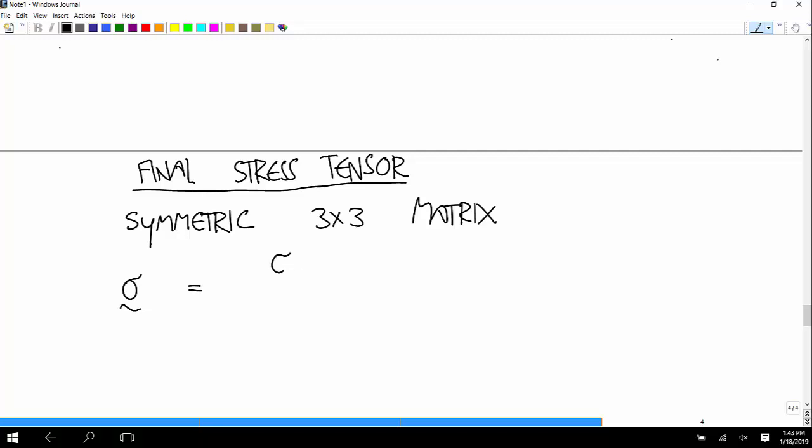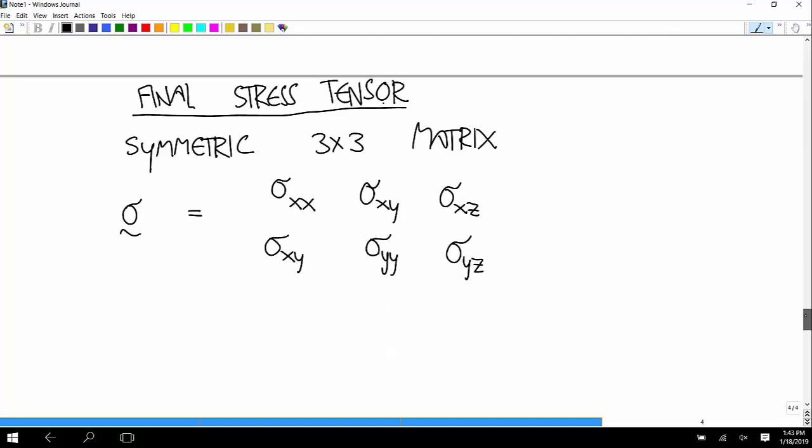And the elements are sigma xx, sigma xy, sigma xz. And then because of symmetry, I'm going to call this one sigma xy again. Sigma yy, sigma yz. And then this one's defined by symmetry, xz. This one's defined by symmetry, yz, and then zz.